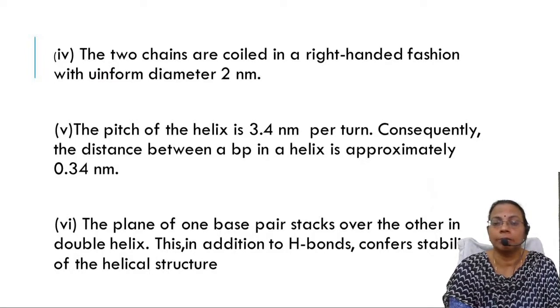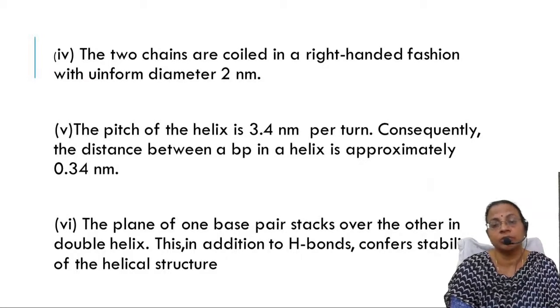Then, because these two strands are anti-parallel and the base pairs are always complementary to each other, that staircase structure itself gives additional stability. Mainly two factors control or give this DNA molecule more stability.